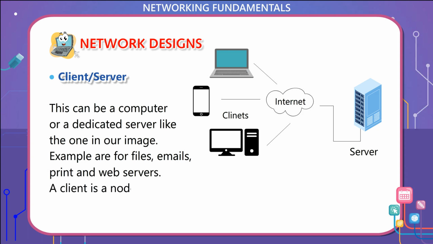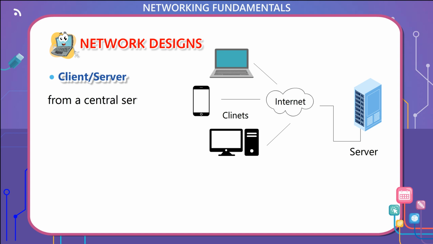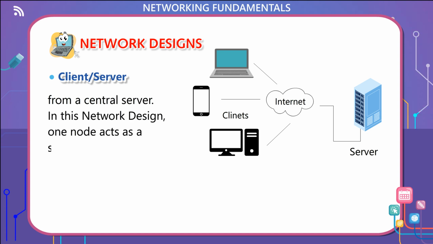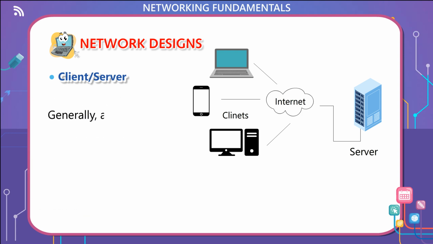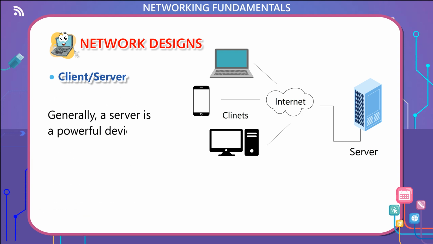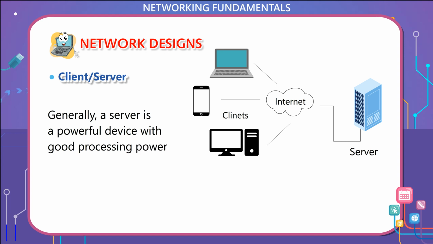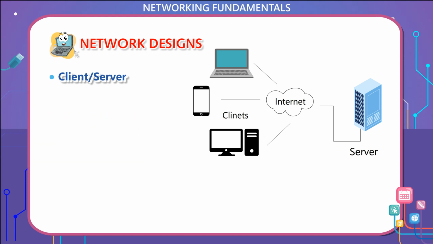A client is a node that requires some service from a central server. In this network design, one node acts as a server that provides the services and the other nodes, clients, request services from the server. Generally, a server is a powerful device with good processing power and storage capacity.